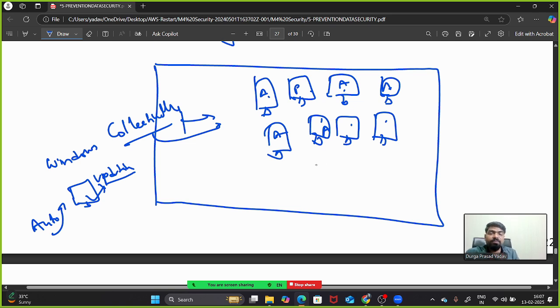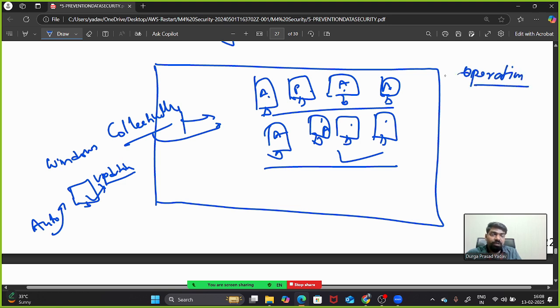But for these systems, let's suppose some of them are not auto updated, so they will not get updated. Some of them are auto updated, so if they get the internet, they will get updated. But if you are working in operations, you will not take the responsibility of one system, you have to take the responsibility of the entire system, right?